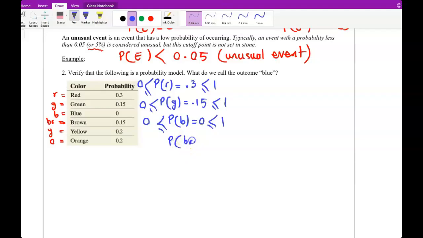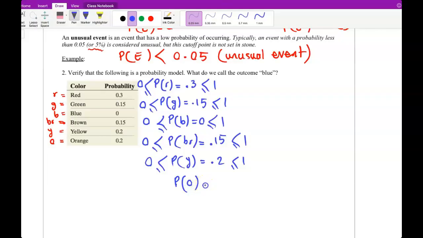Now, the probability of brown is again 0.15, so it's between 0 and 1. Yellow is 0.2, again between. And finally, the probability of orange is again 0.2, between 0 and 1.